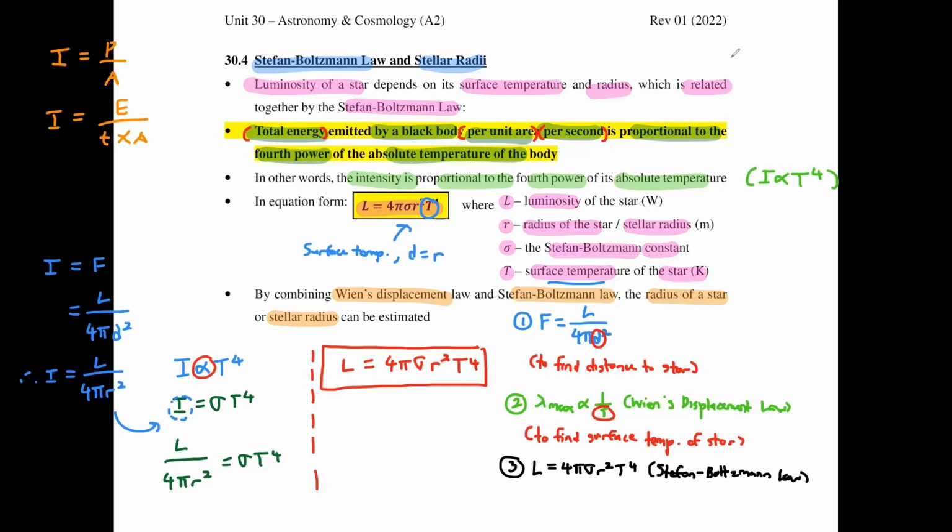Now you would then use this equation in order to find the radius of your star. Okay, so all these equations that you've seen here is actually meant to find something about the star. The first one was to find the distance to the star. The second one was to find the surface temperature of the star. And then the last one is to find the radius of the star itself.